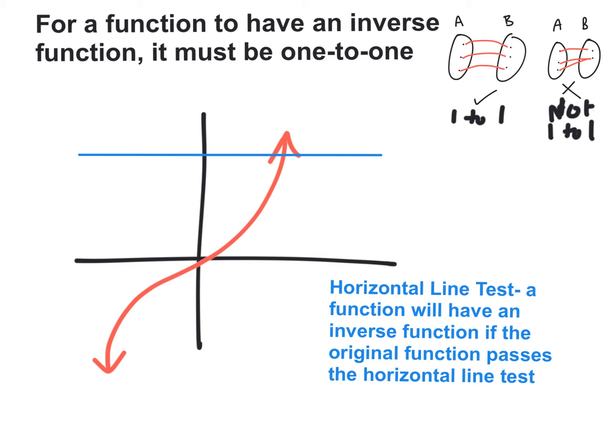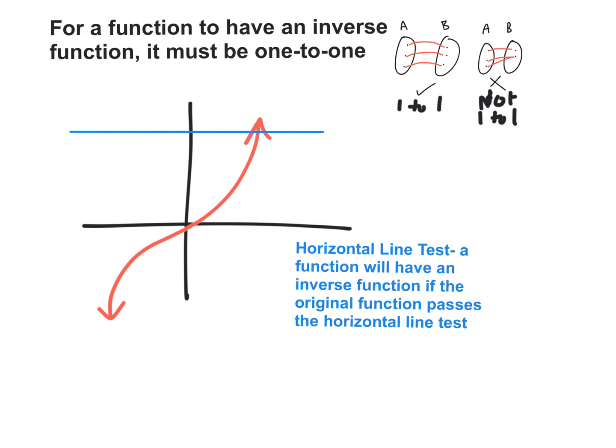And you see, a function will have an inverse function if the original function passes the horizontal line test. So this function will pass the horizontal line test, so it does have an inverse function. Because this function here, f of x, has an inverse function, we can say that f inverse of x exists.